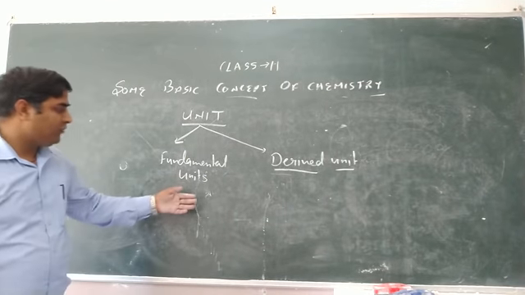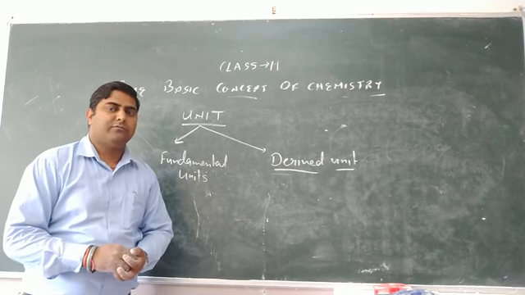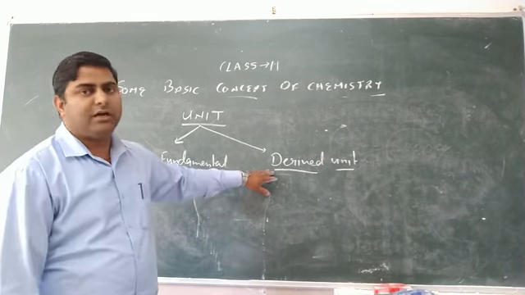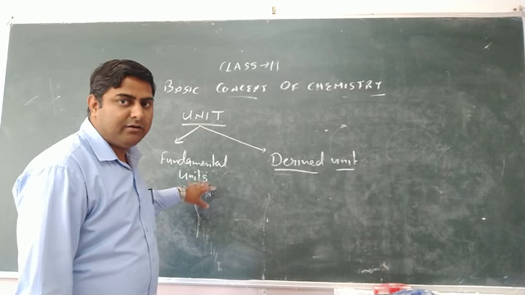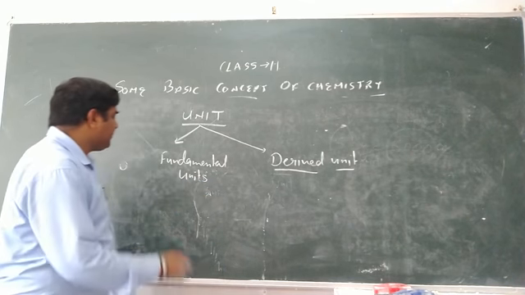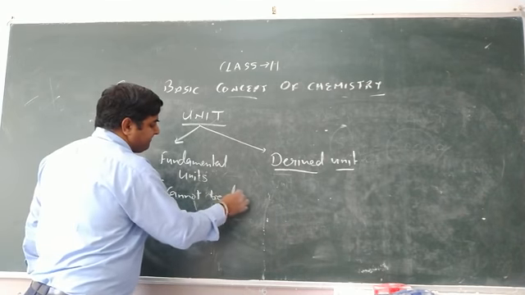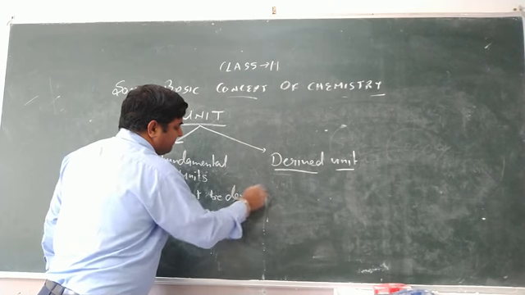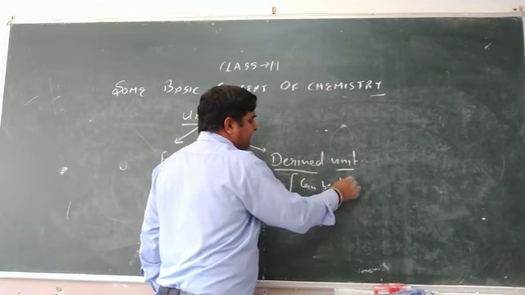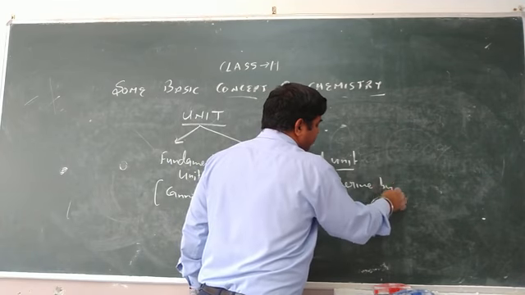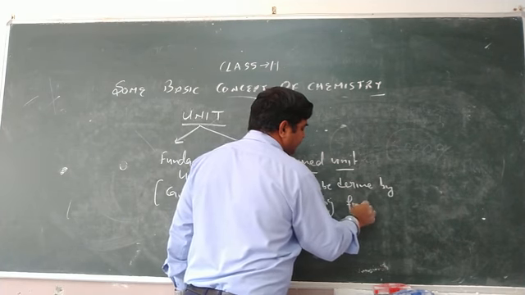Fundamental units are those which we cannot derive from any other unit, whereas derived units are those which we can easily derive by using fundamental units. So, fundamental units cannot be derived, whereas derived units can be derived by using fundamental units.